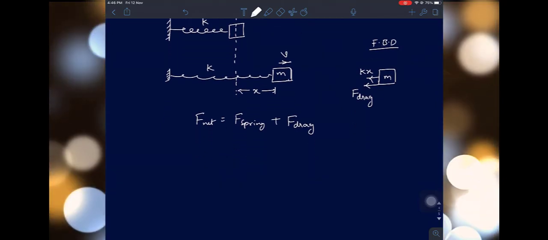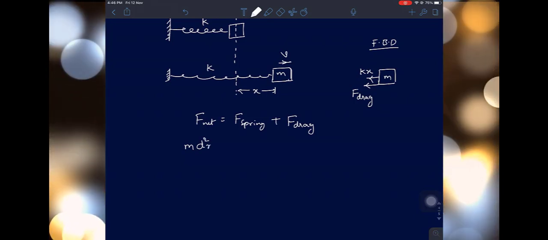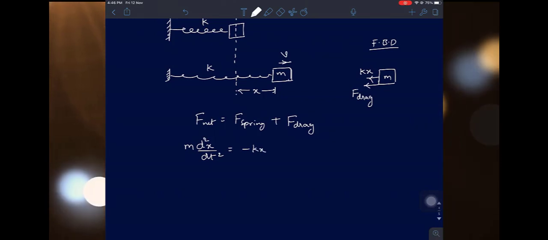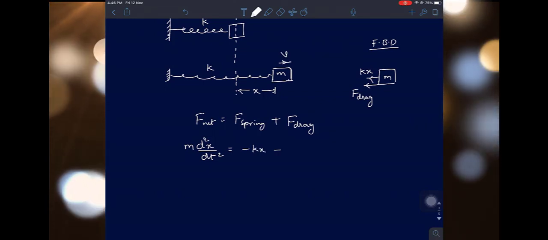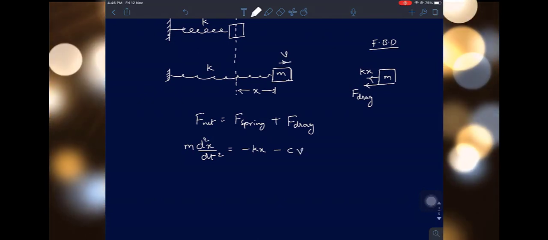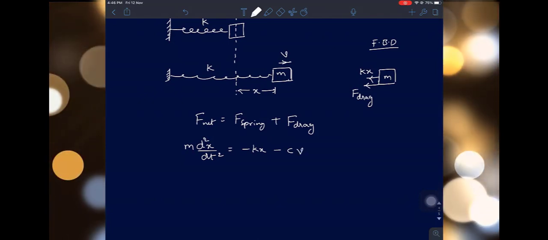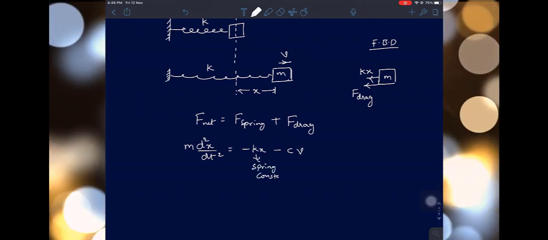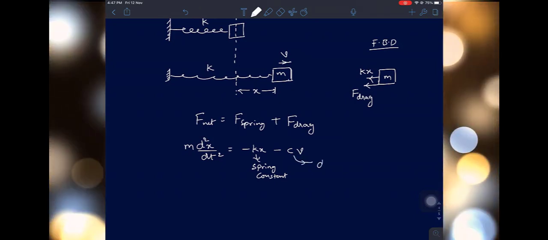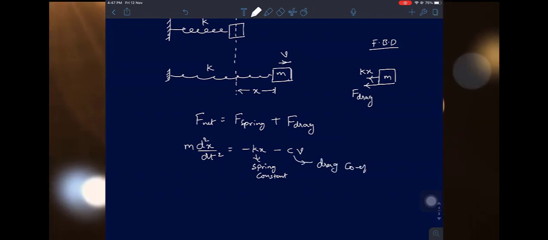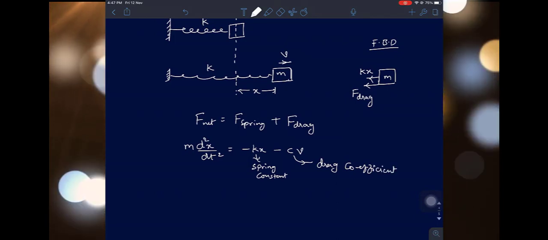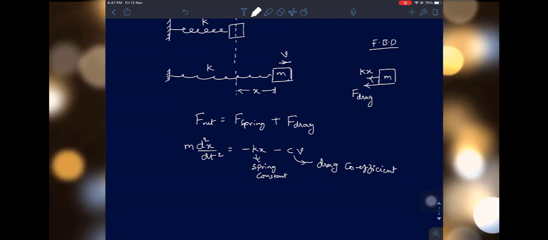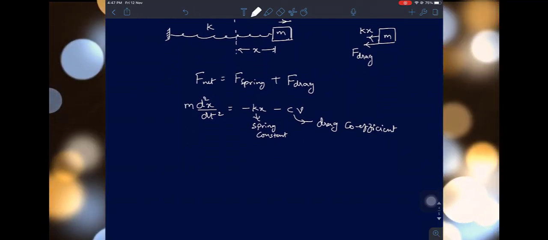And we can write F net is equal to ma, and ma can be written as m into d square x by dt square, and spring force can be written as minus kx, and drag force can be written as minus c dx by dt, where c is the drag coefficient.